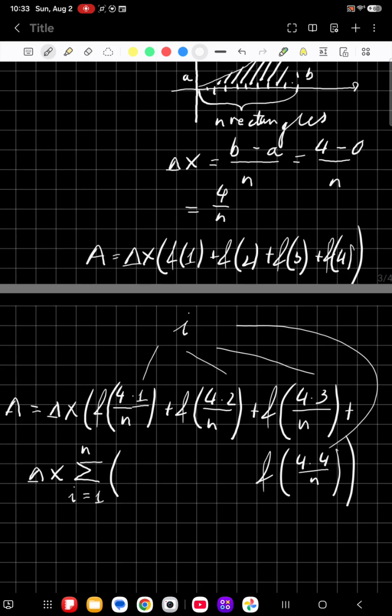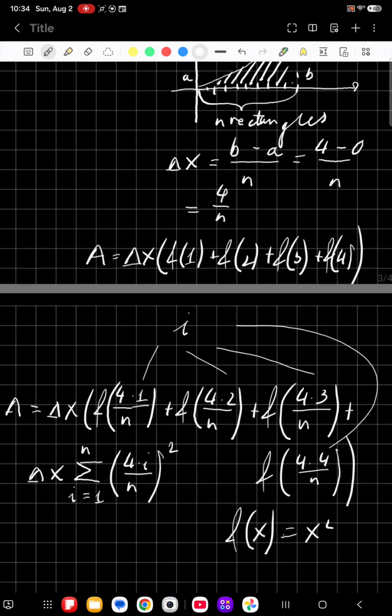So I have those sums of 4 times i, or 4i divided by n. And our function is f of x equals x squared, so this will be squared, to get those heights. I'm evaluating the function for those numbers here.